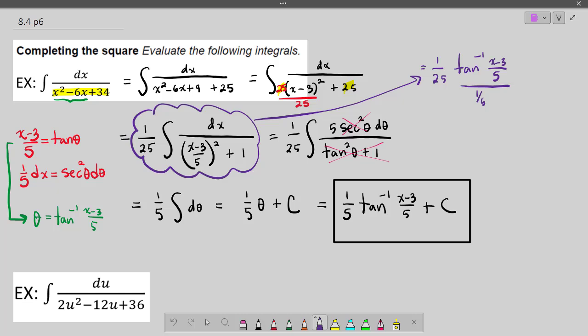And the derivative of what's in the parentheses is 1/5. Dividing by 1/5 is the same as multiplying by 5, so you'd get 5/25ths, which is 1/5, and you get the exact same thing. So if you notice that it's in arctan form, you could use arctan's antiderivative in conjunction with reverse chain rule, and you'll get the same thing.